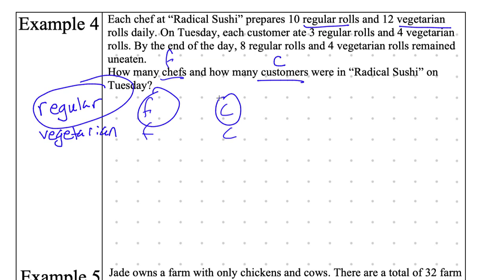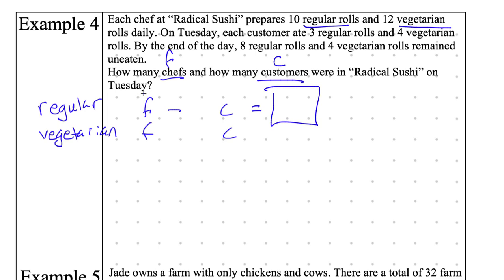If I come back into this equation, I'm going to have some positive number and some negative number, and the number of rolls left uneaten is this number right here, because the chefs made the positive number, the customers eat the rolls, and then this is the number that's uneaten.